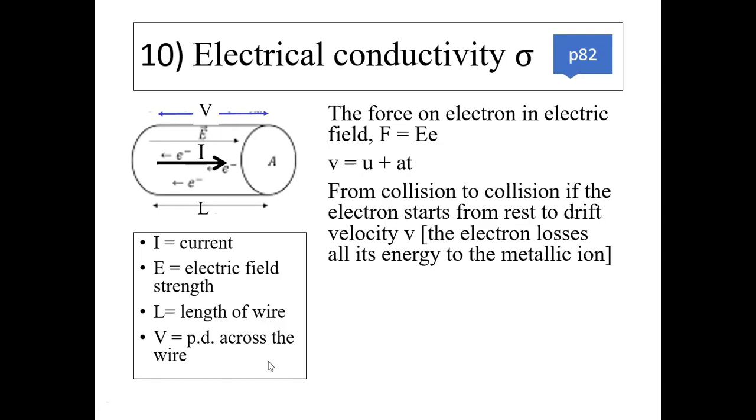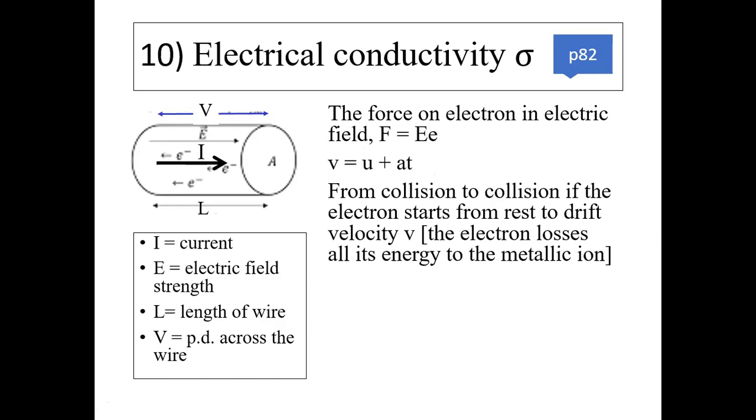So we think of the electron from collision to collision, it will collide with the ions, and then it will give all the energy to the ions. So it will stop. It will start from rest, and then end with a drift velocity v. So v now becomes a drift velocity. a is the acceleration. u is the initial speed, is 0. Always start with 0 because it collides, it gives all the energy to the ions.